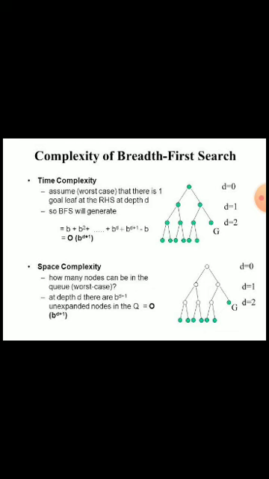At the first level it is b to the power 1, then b to the power 2, and so on up to b to the power d plus 1. If you add these, you get order of b to the power d plus 1, and that is the complexity of breadth first search.